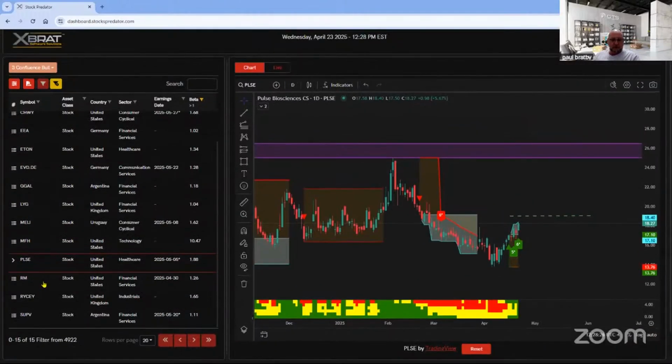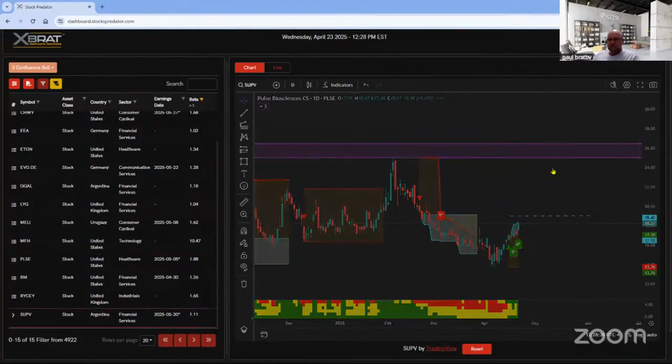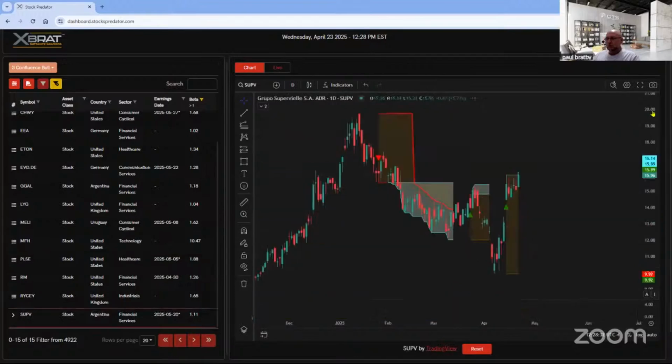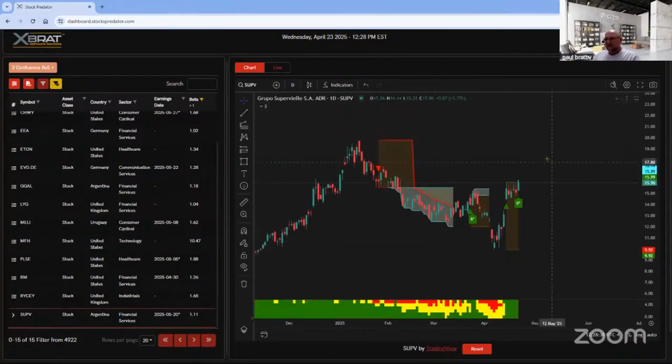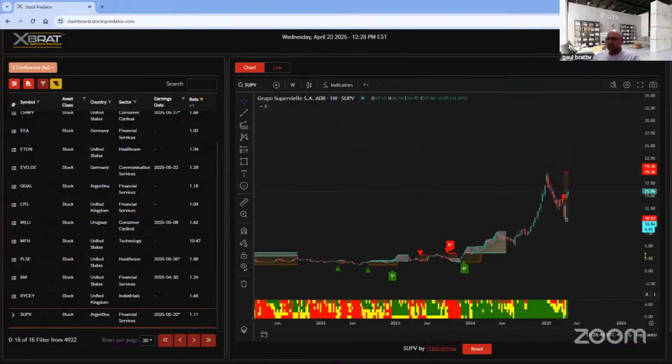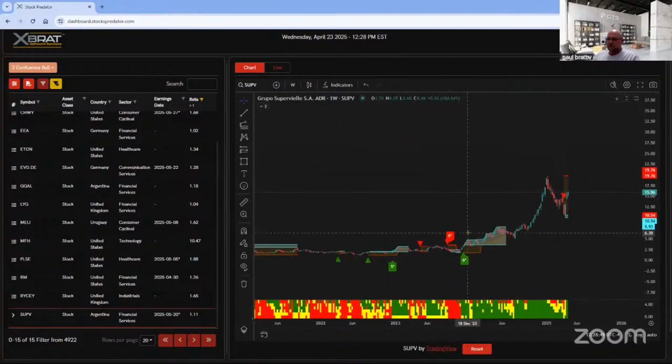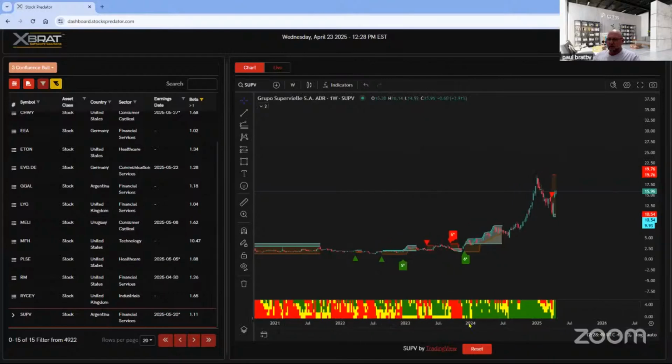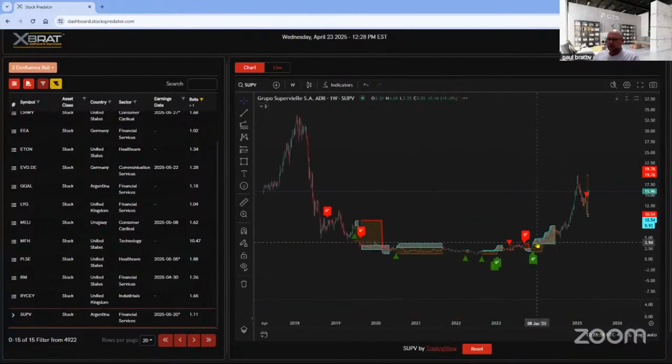Let's see what else we've got here. Financial services, SUPV. We'll look at one more. A little bit of room up there. Those highs, 19.77. Let's just look at the weekly on this. Very strong growth since December 2023. That's when my book came out. Somebody obviously read my book and got in that trade.